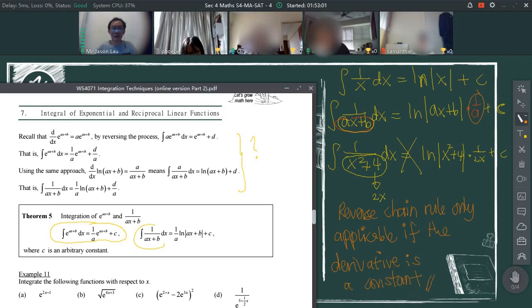Okay, not everything under the world, under the tree or whatever, can be reversed. So you can only reverse a number. You cannot reverse even a simple 2x term. So what is the result of 1 over x squared plus 4?